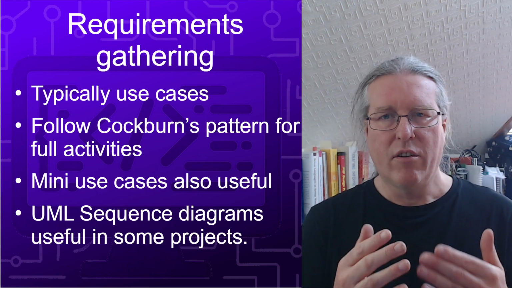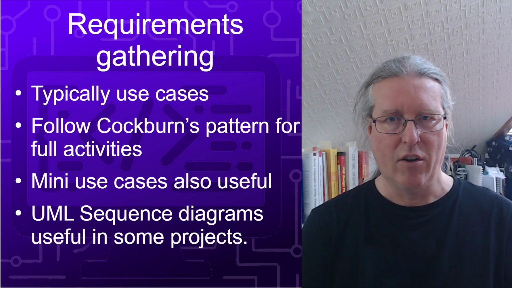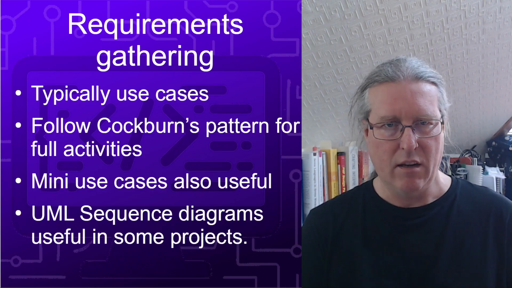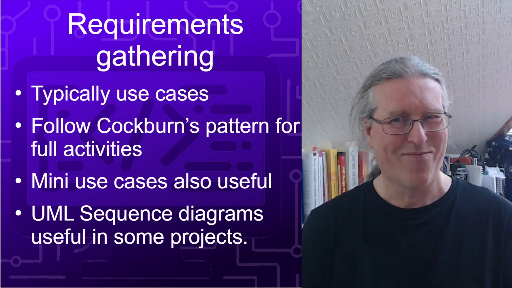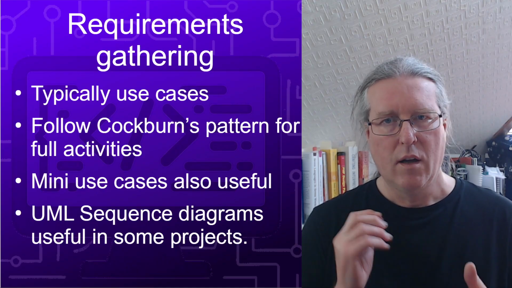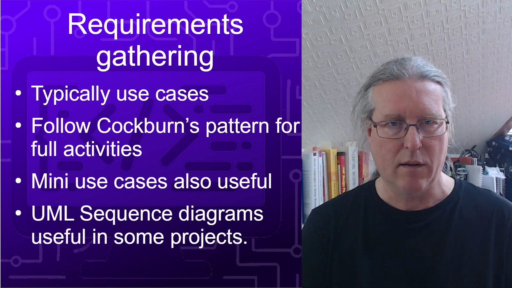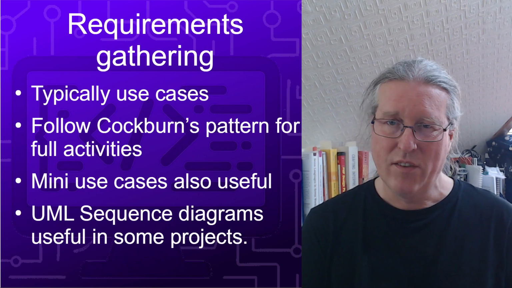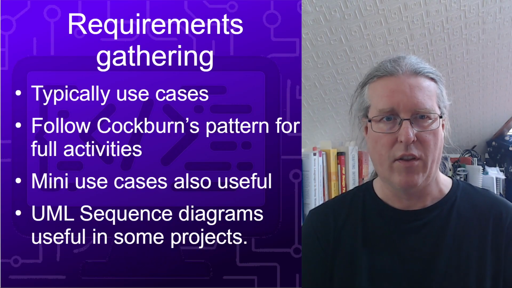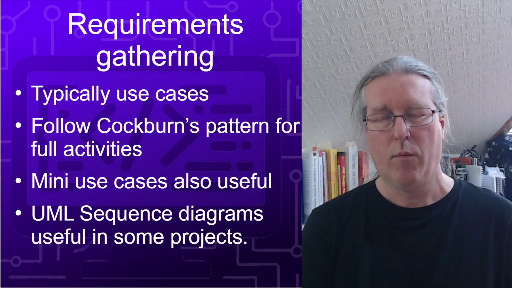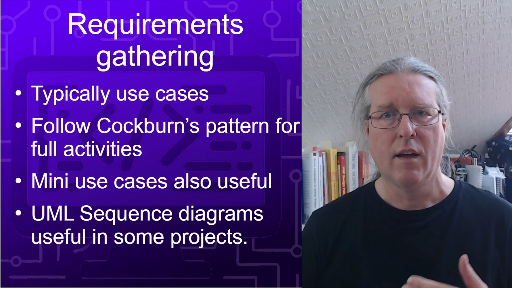Basically, you're developing a story which you can then check against the software. I also find really mini use cases useful, just basically saying, there is this thing I need to be able to do, just so that it's there, I keep it in mind. And sometimes, and again, different projects need different things, but UML sequence diagrams I have found very useful, particularly for web projects.